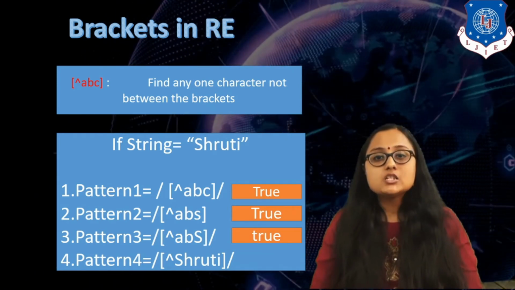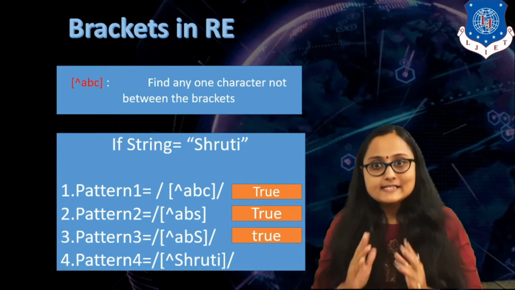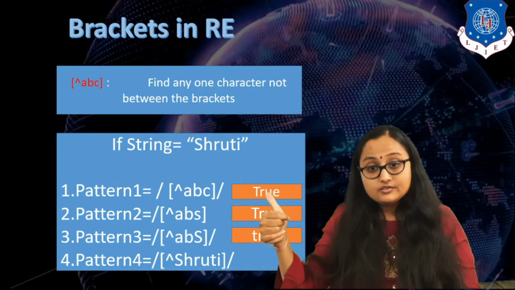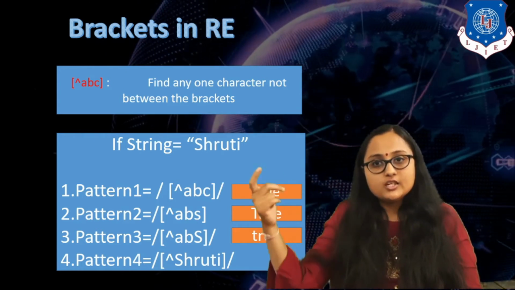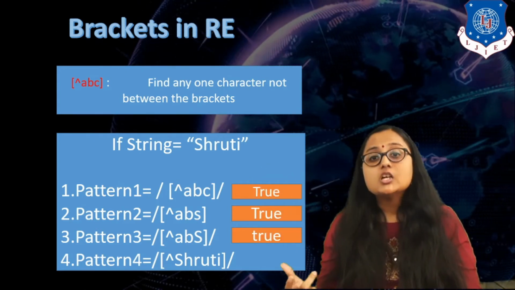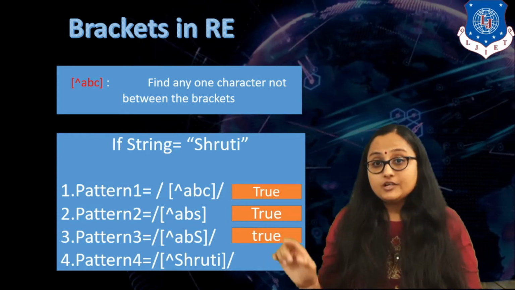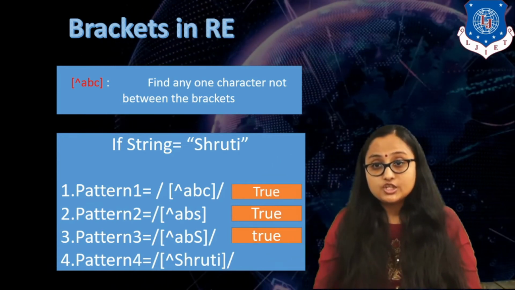And the last pattern is not Shruti. So is there any character apart from Shruti in the string Shruti? Obviously the string exactly matches this pattern, so there is no other character apart from the bracket characters which I have mentioned in the string.